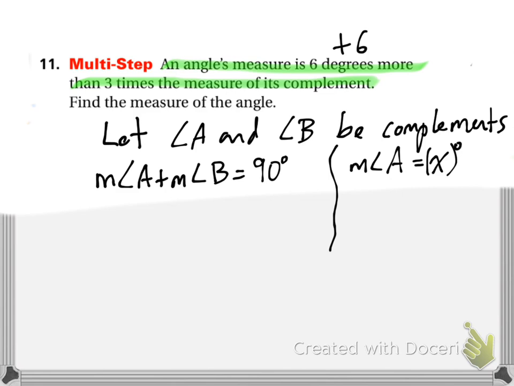Okay, so what would you call the other one? And let's say that it's the one that is 6 degrees more than 3 times the measure of its complement. So if you were 6 more than 3 times the other guy, wouldn't it be that?